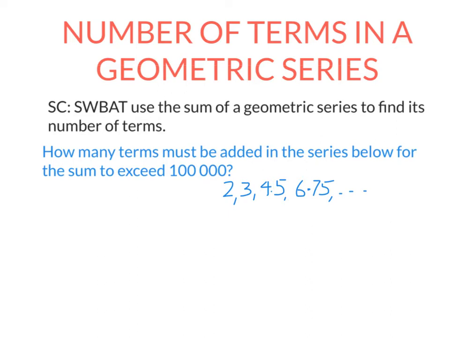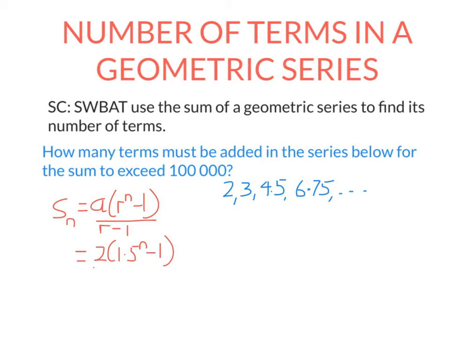So let's start by re-looking at the sum of a geometric series formula. So in red is the formula. So for this particular geometric series, of course, A being 2 and R being 1.5, we get something like this. R minus 1 will be 0.5. So I can further simplify this.